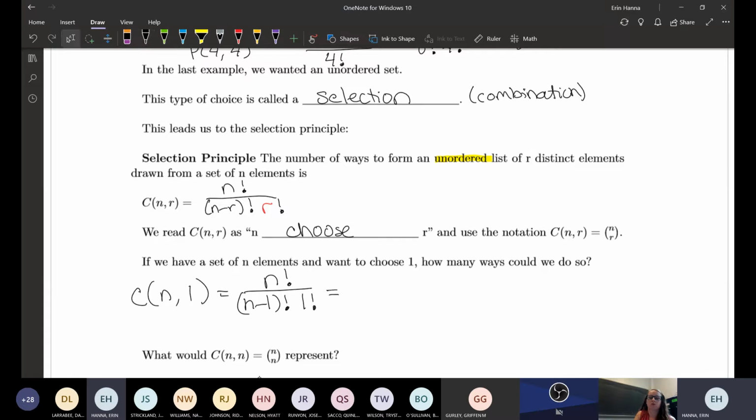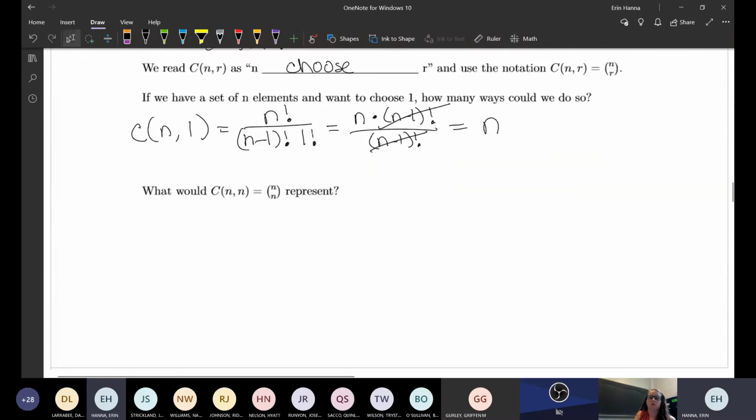The top is n times n minus 1 factorial over n minus 1 factorial, and 1 factorial is just 1. So those n minus 1 factorials cancel out, and we just get n. That makes complete sense. If you have n things and you want to pick one of them, there are n ways to pick one thing. If you have 5 things and you're just picking one, there are 5 ways you could pick.